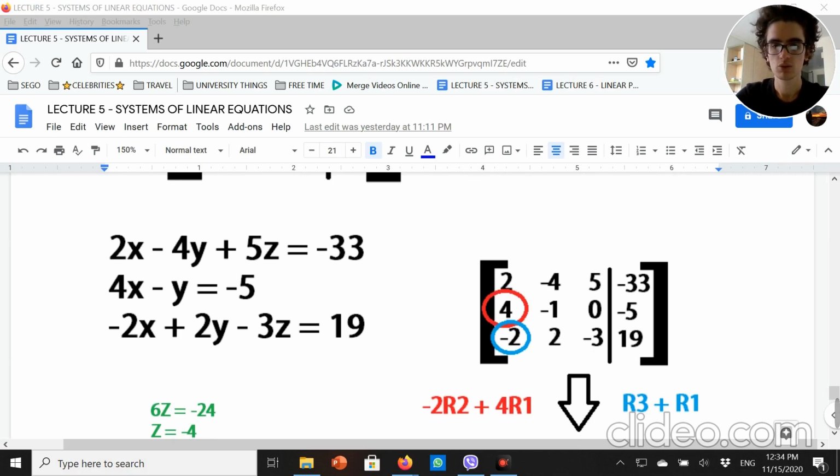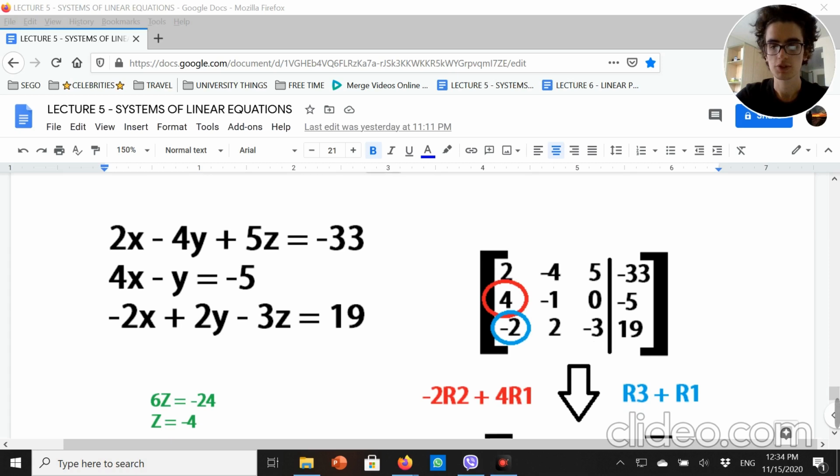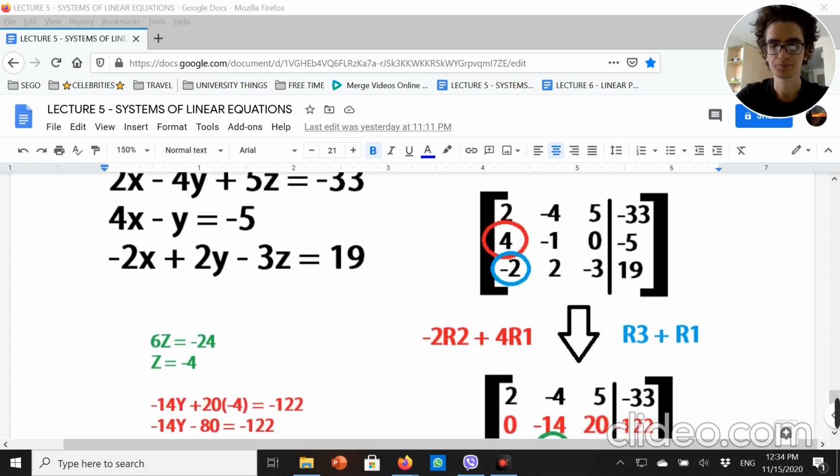Negative 2 times 4 is negative 8. Here we would have negative 8, here we would have 2, here we would have 0, and here we would have 10. When we add that to 4 times row 1, let's see what we get.